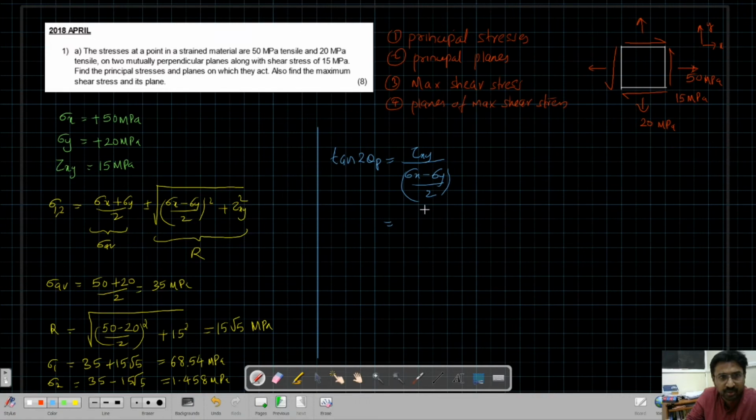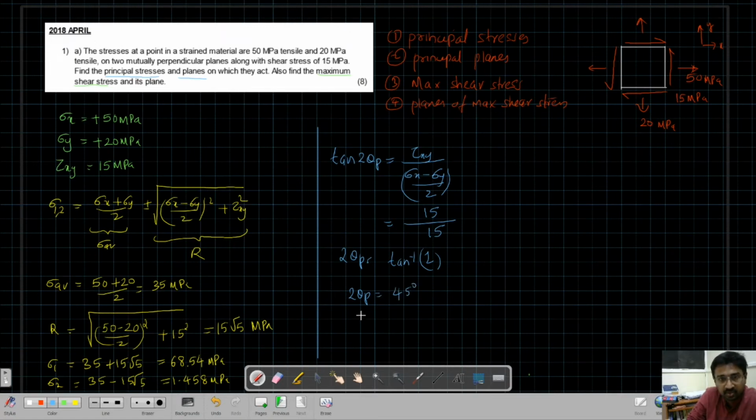This comes out to be 15 upon (sigma x minus sigma y) by 2, which is 30 by 2, that is 15. So this gives 2 theta p equal to tan inverse of 1. Tan inverse of 1 is 45 degrees. So 2 theta p equals 45 degrees.